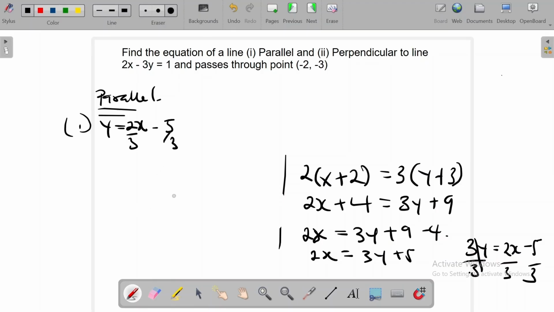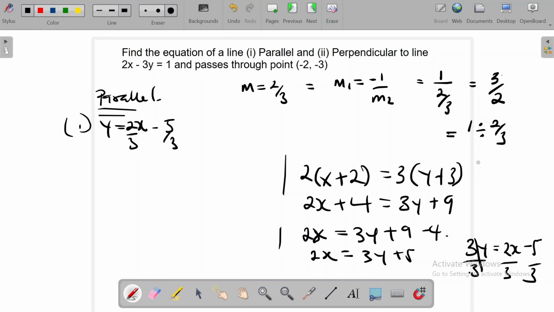But if they are perpendicular, it becomes m, which is 2 over 3, would now be m1 should be the negative inverse of m2, so that it becomes 1 over 2 over 3. So you end up with what? 3 over 2. In case you don't understand how I arrive at it, it's simply 1 divided by 2 over 3, which is the same thing as 1 times 3 over 2.